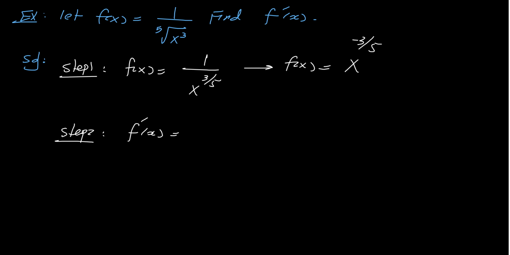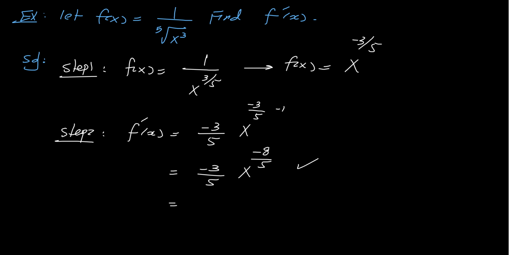f prime of x is equal to negative 3 over 5. We bring this constant down. Then we subtract 1. Which is equal to negative 3 over 5 x to the power negative 8 over 5. This is a good answer.